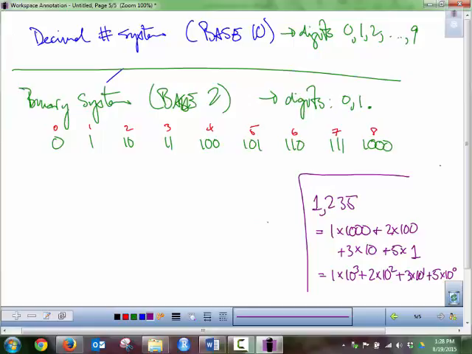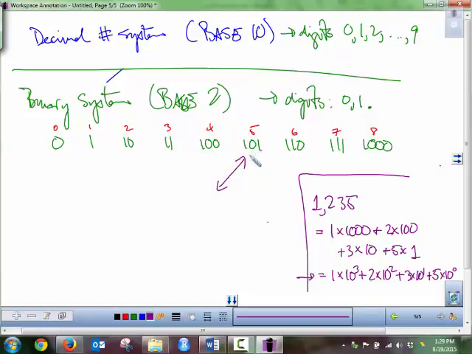Well, it turns out that's the same way it goes for binary. This expression, to be able to write this as an expanded form, works in any base that we want. And in any base, we just have to change the 10 to whatever base we're dealing with.